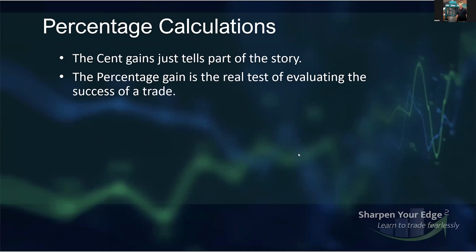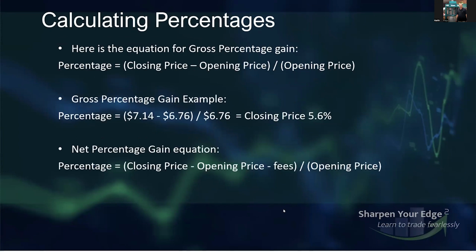And it's actually fairly simple if you're not familiar with it. The gross percentage gain is simply the closing price minus the opening price, and divide that by the opening price. It's as simple as that.